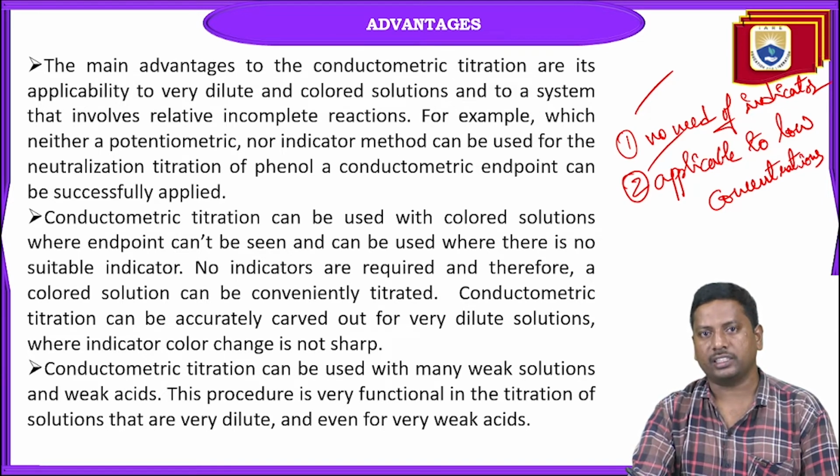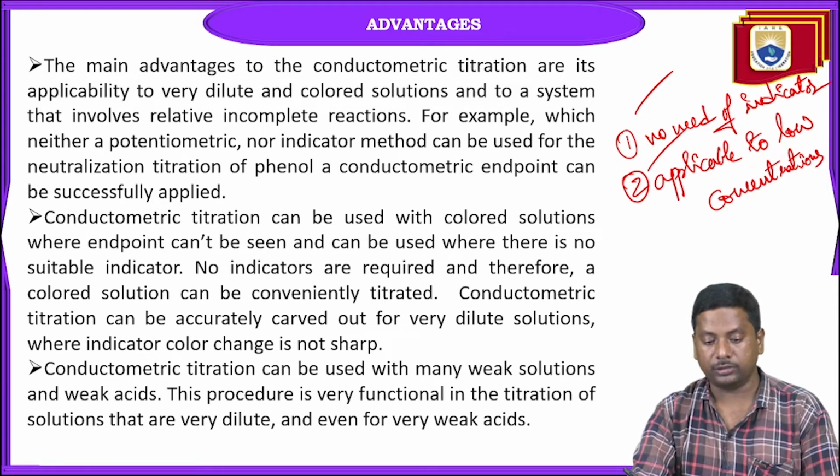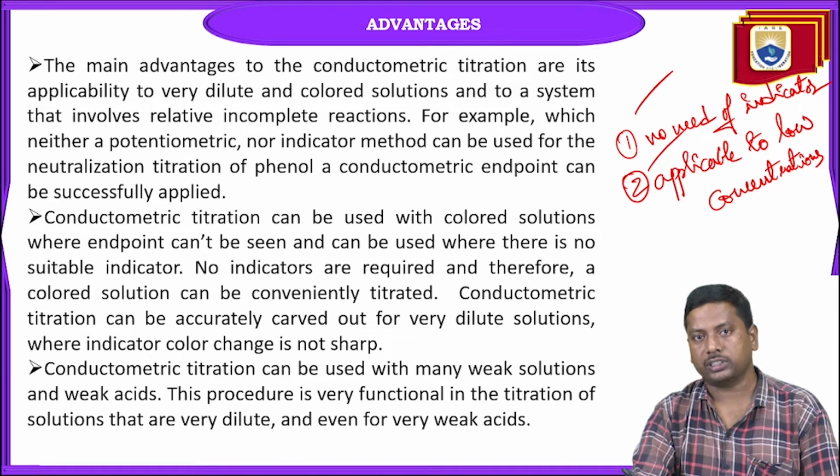Now we see the second advantage. Conductometric titrations can be used with colored solutions where the endpoint cannot be seen, that means where there is no suitable indicator. In the case of colored solutions, there is no suitable indicator. But by using conductometry, there is no need of an indicator to determine the endpoint of a reaction, and therefore a colored solution can be conveniently used.